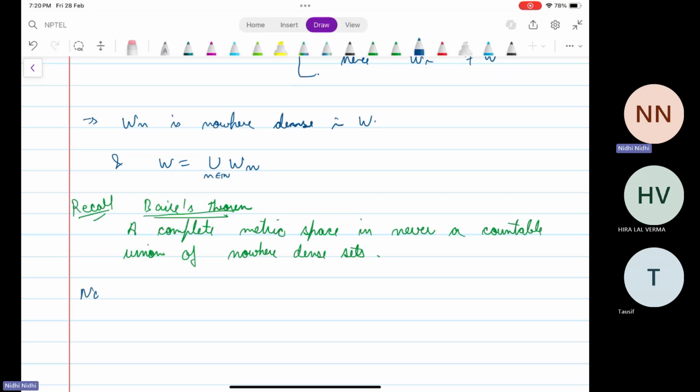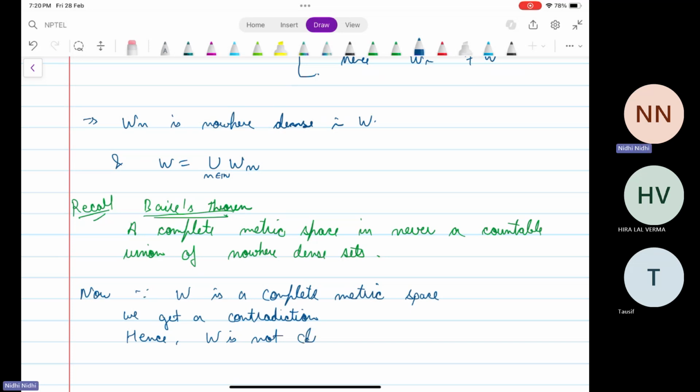Now, since W is a complete metric space, because it is a closed subspace of a Banach space, we get a contradiction. Hence, W is not closed.